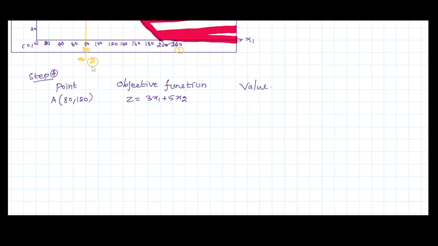If we substitute these values, 3 into 80 is 240 plus 5 into 120 is 600, which gives 840.